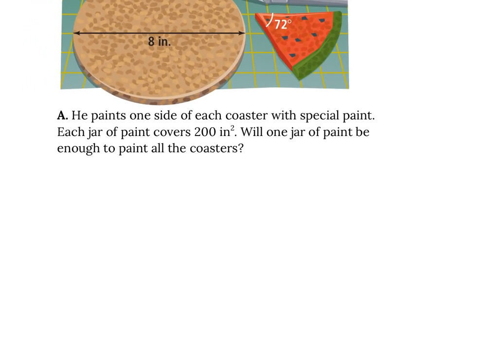Okay, so let's plug this in to find our area. Our degrees are 72 out of the 360 times our pi, r, which is 4 squared. Once I calculate that, that's going to get me 10. So the area of each of those wedges is 10.